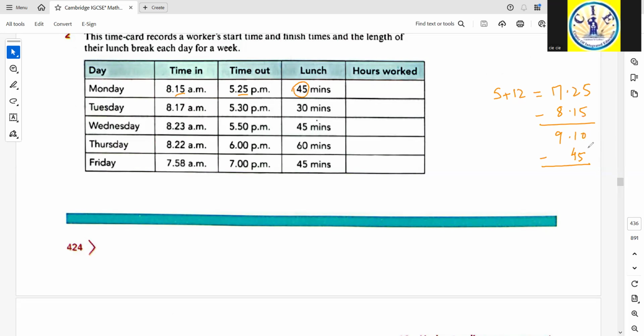Solving it out, we cannot subtract 45 minutes from 10 minutes. So we need to have a carry from 9 hours. We are left with 8 hours when we give 1 hour as a carry to this 10 minutes. So now we have 60 plus 10 minutes, that is 70 minutes, and then 45 minutes are going to be subtracted from here.